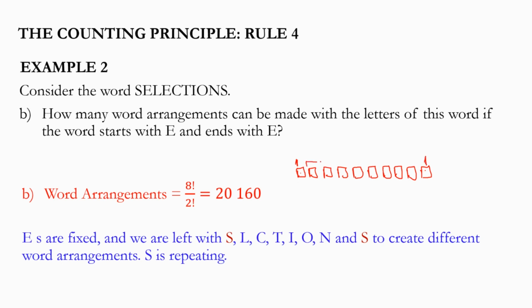Then we have these 8 letters that can be arranged anyhow, which is 8 factorial. But if you check these letters, we have S and S, so S is repeated here. So it's going to be 8 factorial over 2 factorial. The E's are fixed, yes, but the S's are there and they are treated as identical. So it's 8 factorial over 2 factorial, and then we get 20,160.